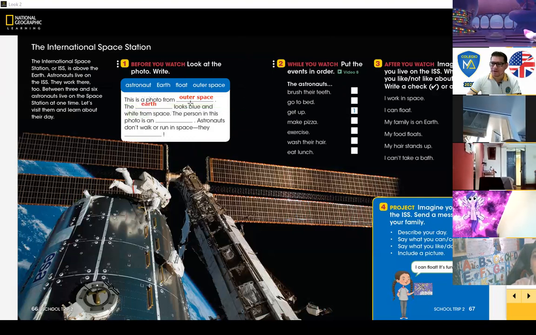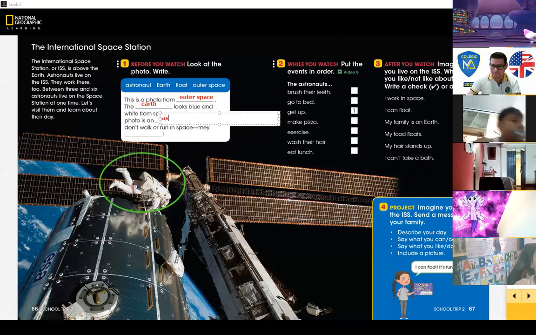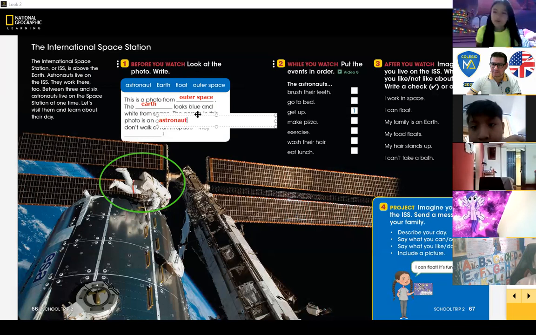What else? We have here something that says, the person in this photo is, what's this person? An astronaut, right? The person in this photo is an astronaut.